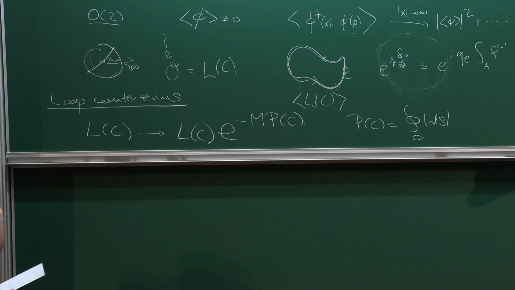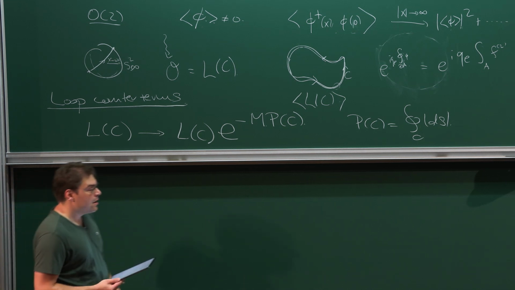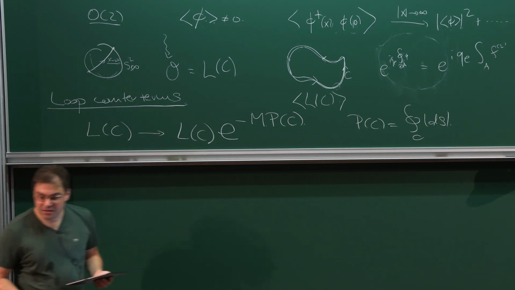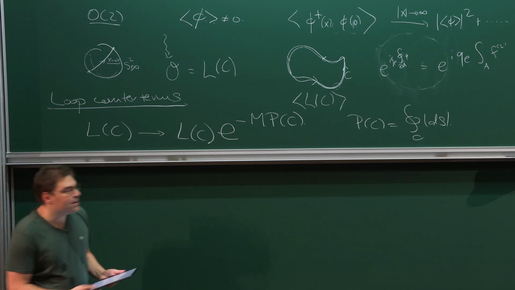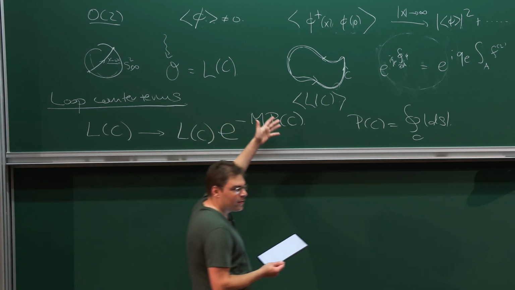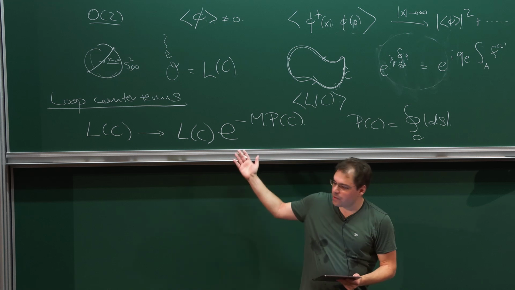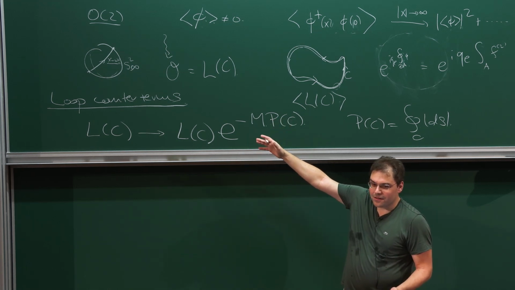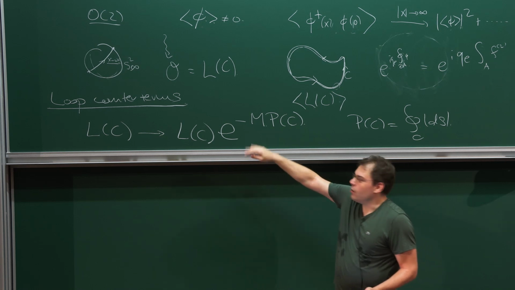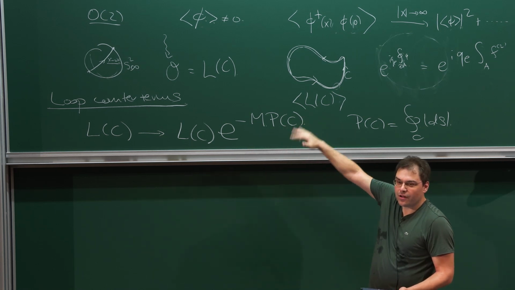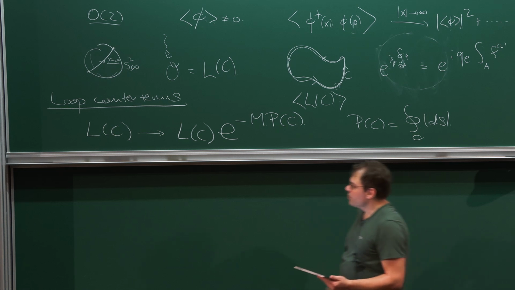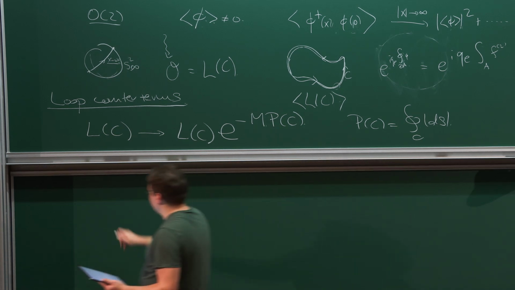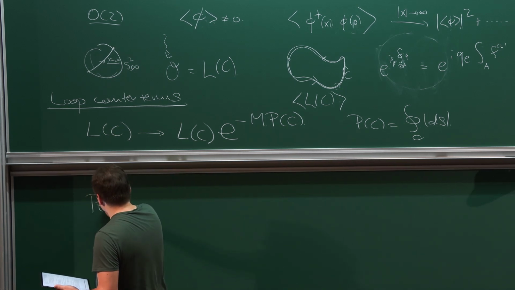So we need to modify somewhat what we mean by the loop having constant VEV. What we mean is that in the universality class of loops, where you allow yourself to add such perimeter counterterms, there's one representative that has non-zero VEV, and then all the other ones could decay or increase according to this perimeter law. So the general rule that people formulate is what's called the perimeter law.